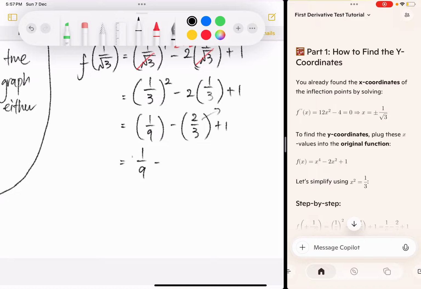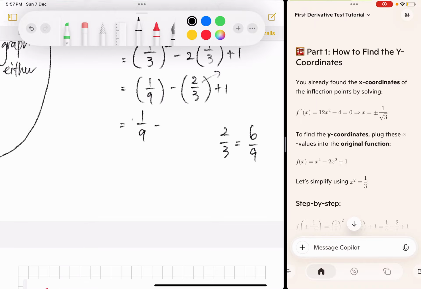It could be 6 over 9, because 6 is just 2 times 3 and 9 is 3 times 3, so it's technically 2 over 3 simplified. Minus 6 over 9 plus, what is 1? It can be 9 over 9, because 9 divided by 9 is equal to 1.